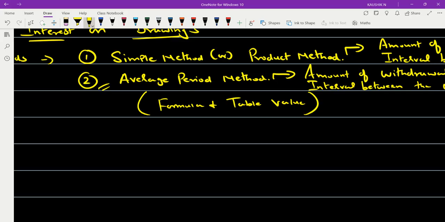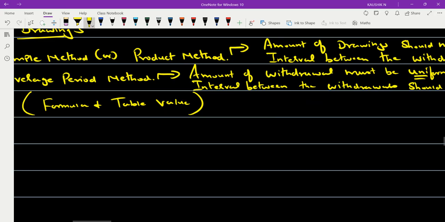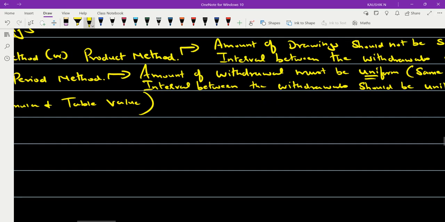Okay, fine. So now moving on to the table values. We'll see what a table value is, and then we'll take a problem under these methods so that you will have clarity on what needs to be done and how it has to be done. So what is the table value? It's quite simple. The table value is as follows.